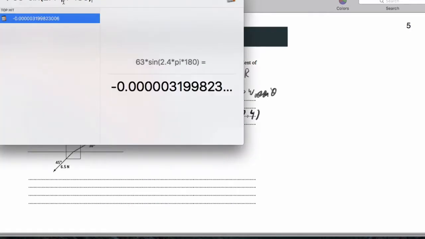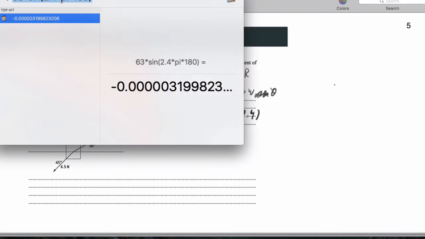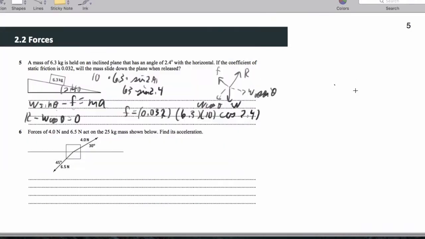Well, okay, so let's just double check that. Yes, so we're talking about 2.63 newtons here. So that's 2.63 newtons for the W sine theta force, and let's compare that to the friction force.